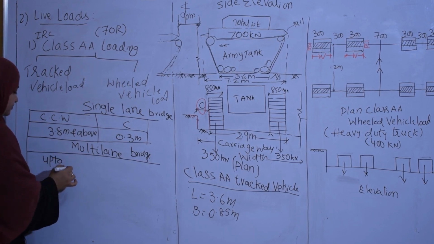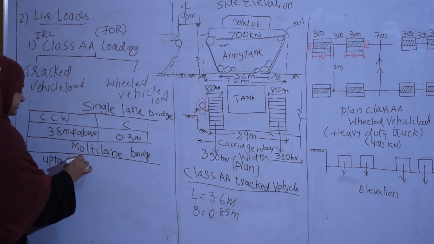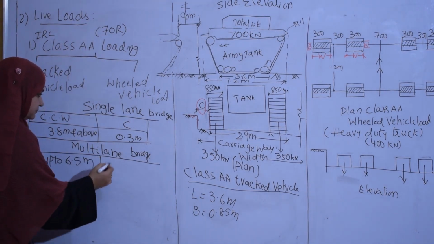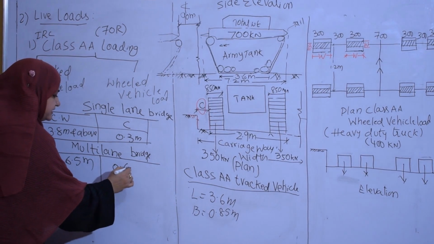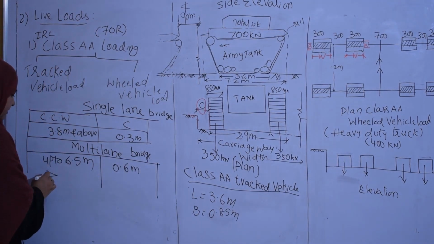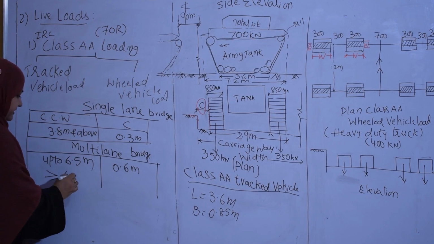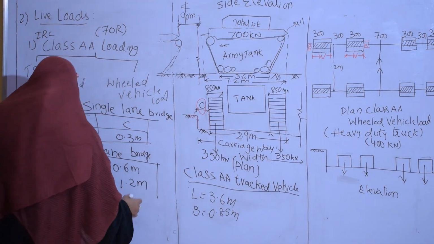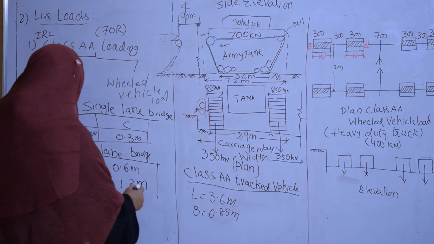So up to 6.5 meters, the C value should be 0.6 meters. For above and equal to 6.5 meters, the value of C shall be maintained as 1.2 meters.